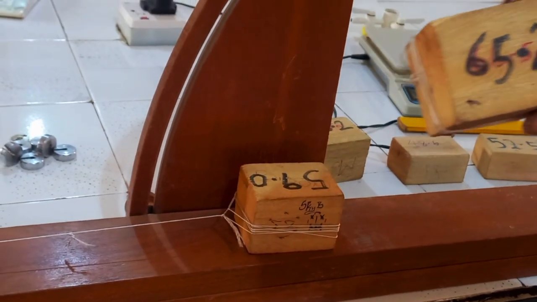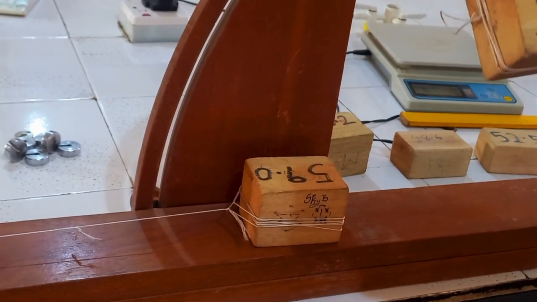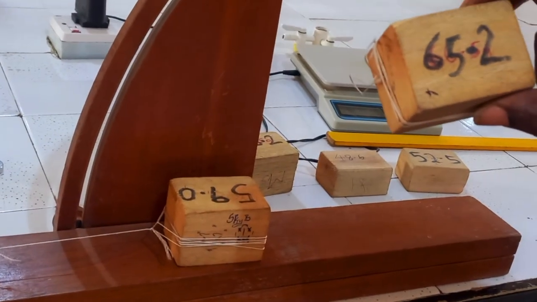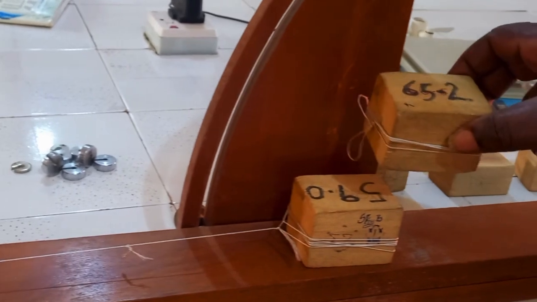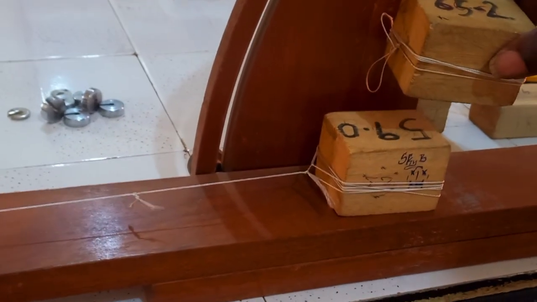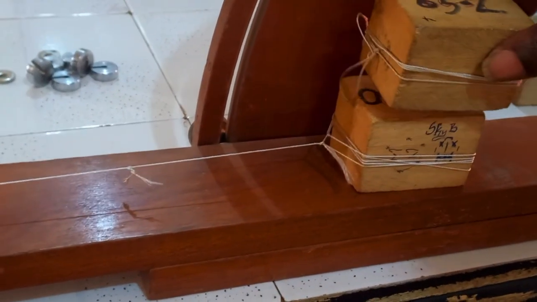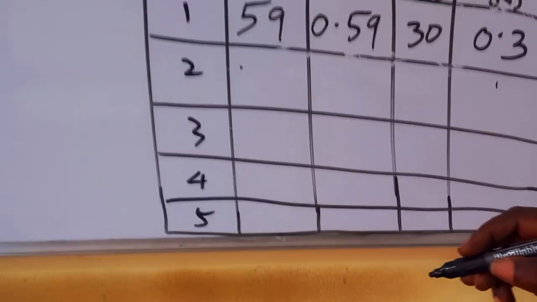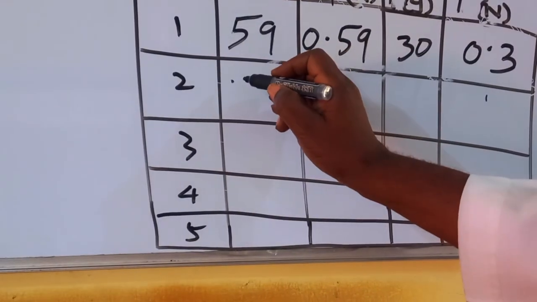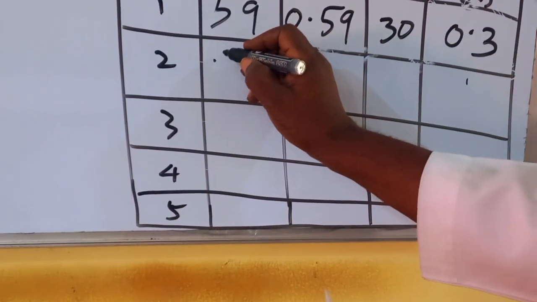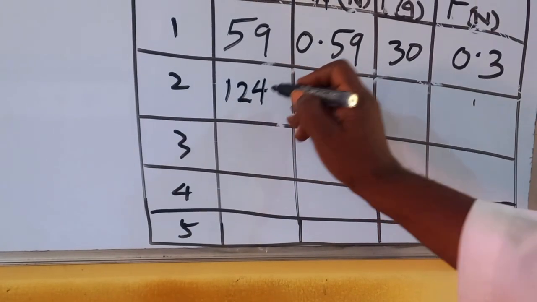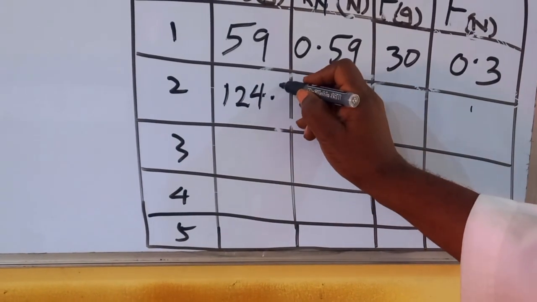The students have measured the mass of the second block to obtain 65.2. So I placed it on top of the first block, which was 59.0. That gives me 124.2. Now, I'll enter the new mass of our block as 124.2.